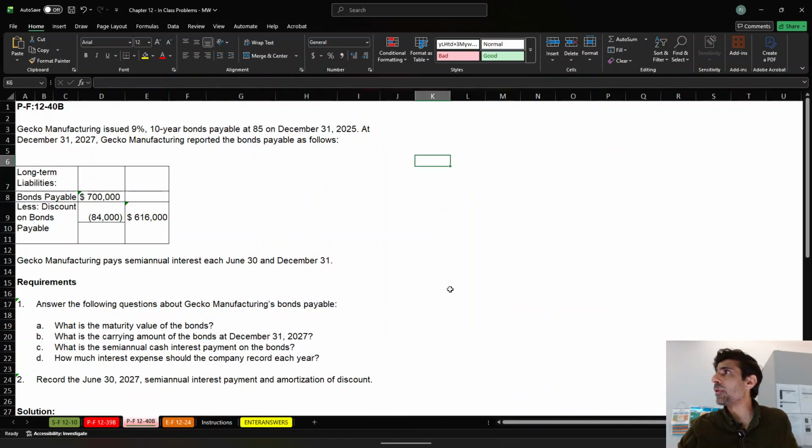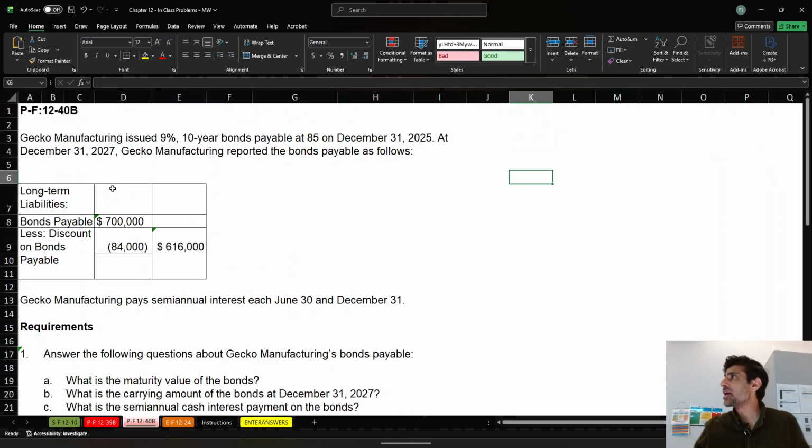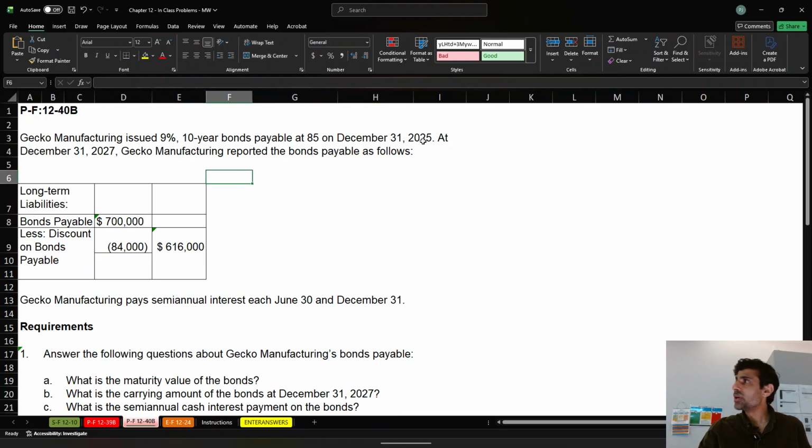In this example, it's a little meta. It's giving you the information of this bond partway through the life of the bond. It's giving you some information on what happened when the bond was issued, which was 2 years ago. And now it's saying 2 years later, here are the balances, and then asks you a bunch of questions.